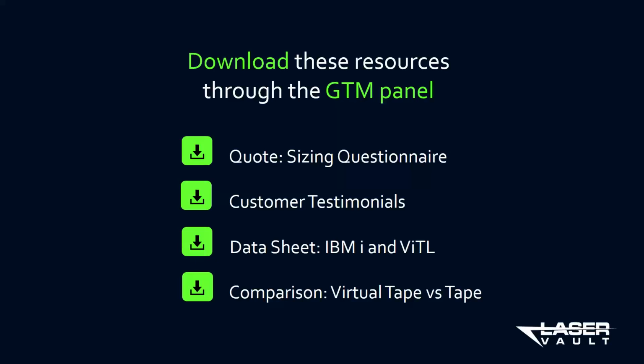There are also some customer testimonials, a data sheet on the IBM i and VTL solution, and a comparison of virtual tape versus physical tape. Those are available in the GoToMeeting webinar panel that you can download.